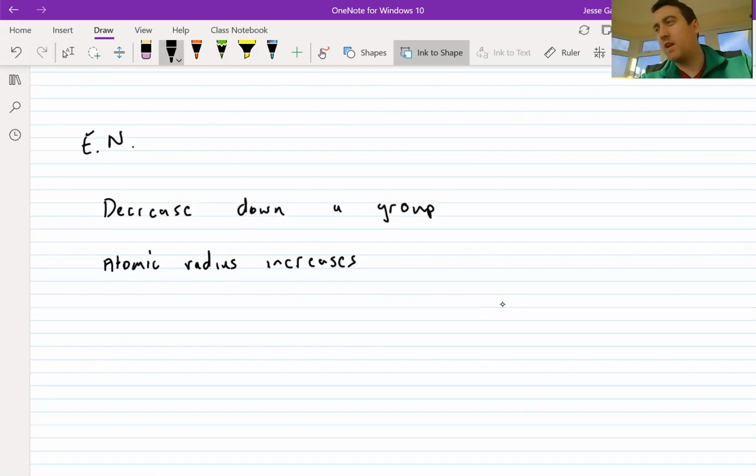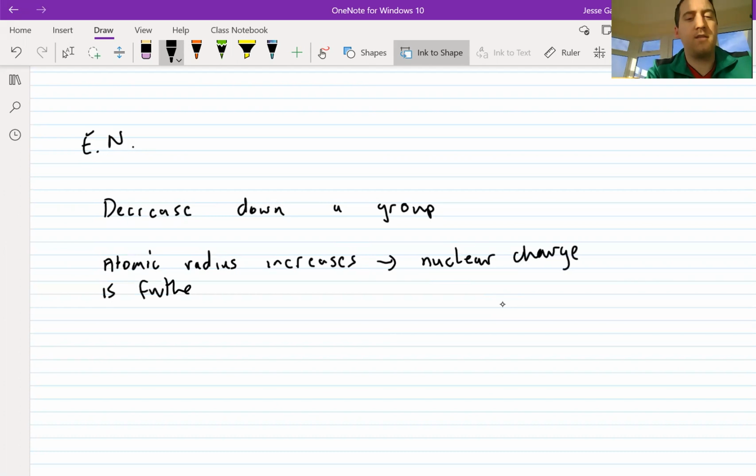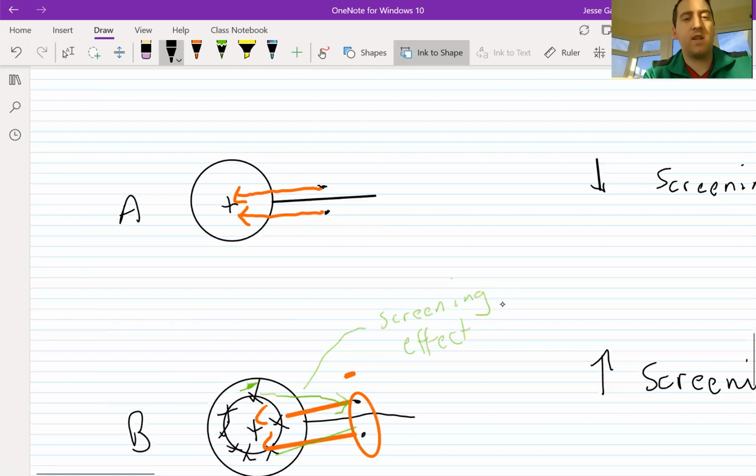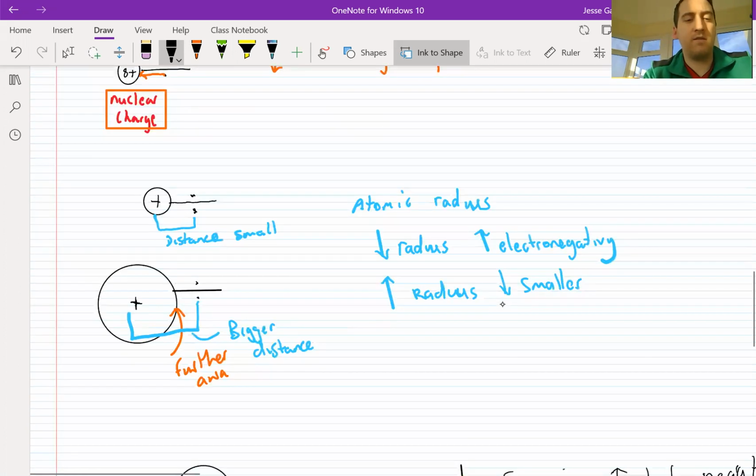The atomic radius increases. And what this means is that the nuclear charge in these atoms is further from the shared pair. So when the atoms get bigger, it's like this up here where we did here.